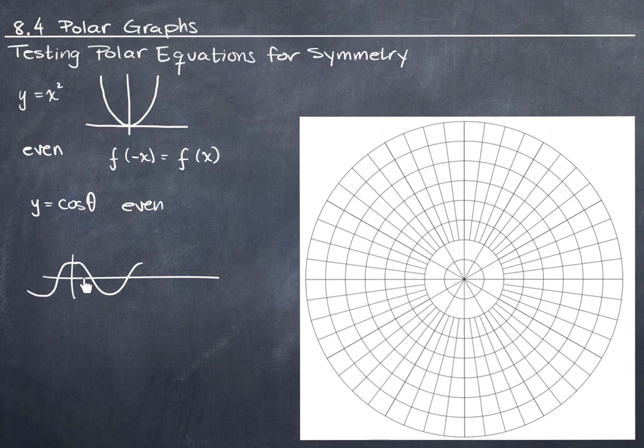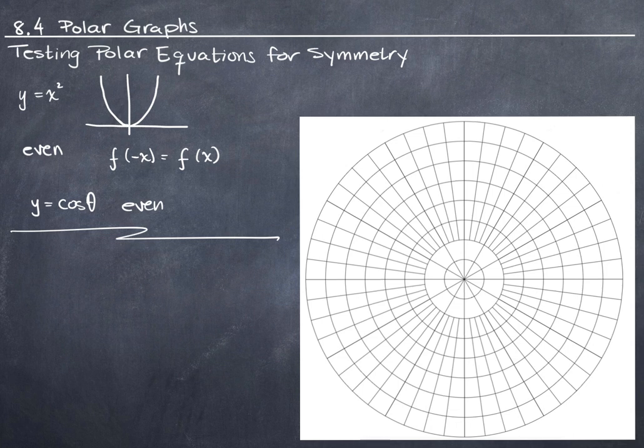If you plug in positive pi over 4, you're going to get this value, 1 over root 2. And if you plug in negative pi over 4, you're still going to get positive 1 over square root 2. So no matter whether you plug in a positive or a negative pi over 4, you get the same positive value out. That's how we know cosine is an even function.